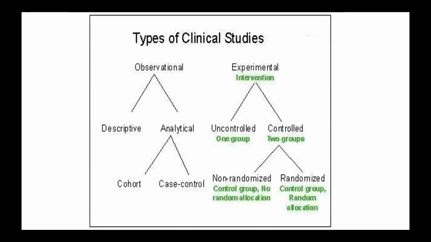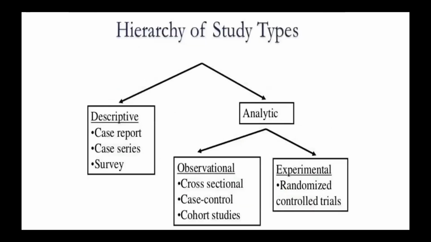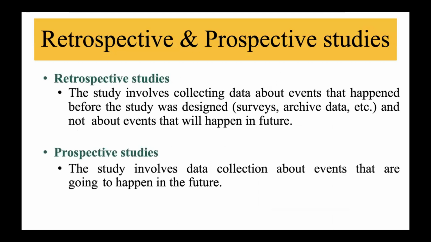There are so many other classifications of this study: observational, descriptive, analytical, cohort. These are different types of controlled and uncontrolled studies. The hierarchy is the same. So there is certain other terminology that we use. Retrospective means backwards and prospective means forward.